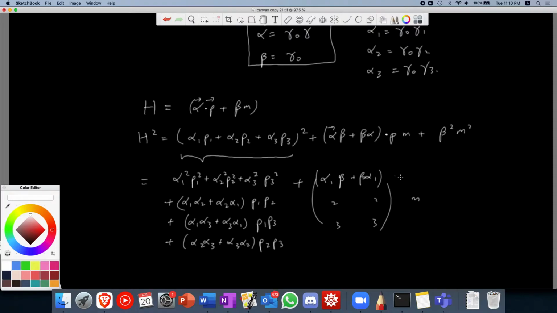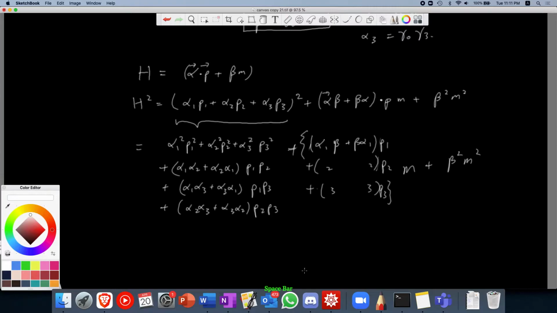The first term is the one that multiplies by p1, the second one by p2. Okay, maybe this is a bad notation, I'll remove the bracket here. Times m, plus beta squared m squared.